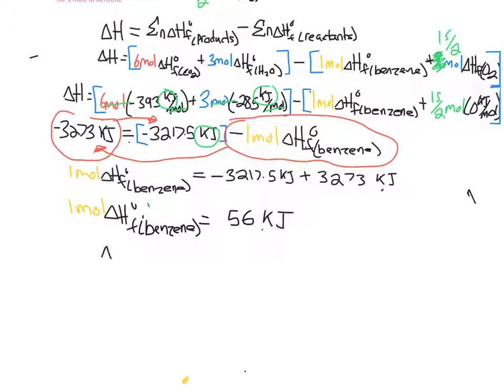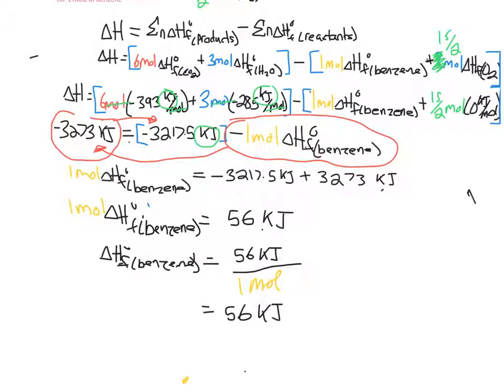But we're not done, because what we have to do is get standard enthalpy of formation of benzene by itself. So we have to go 56 kilojoules divided by that 1 mole. And we do that, 56 divided by 1 is 56, but our unit becomes kilojoule per mole.